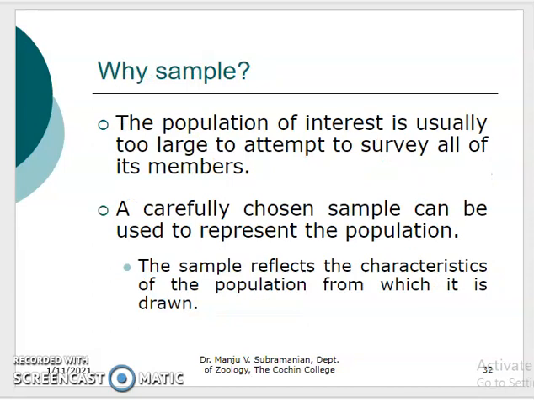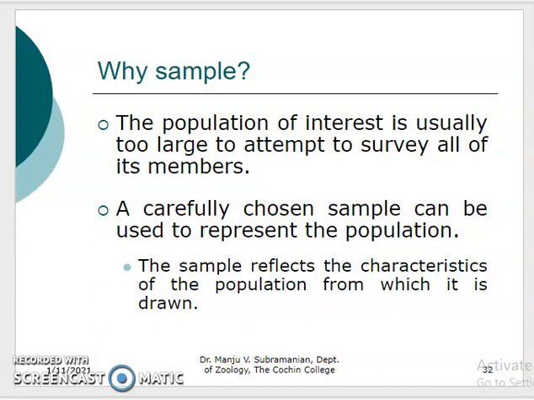Why does a sample have to be taken? The population of interest is usually too large to attempt to survey all of its members. It is very difficult to meet each and every individual to collect the data. So we randomly select a few individuals, and those individuals are called a sample.